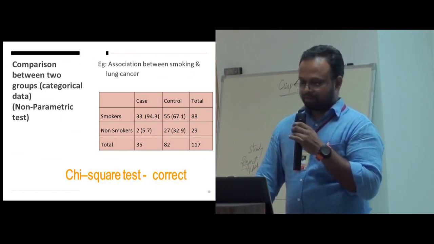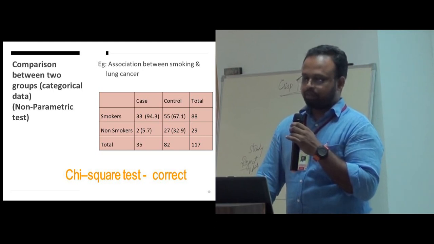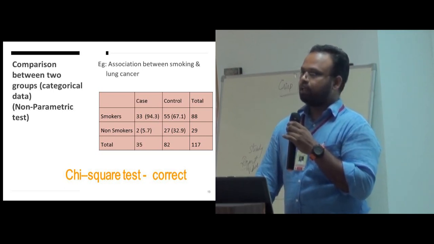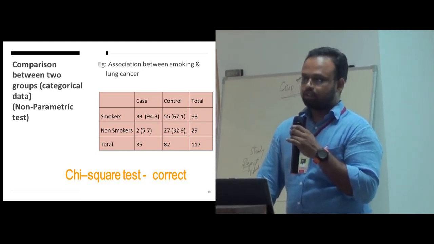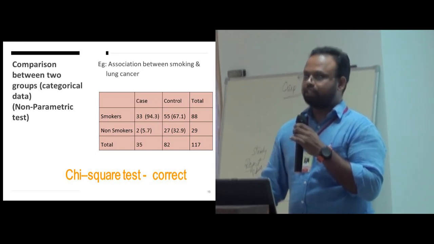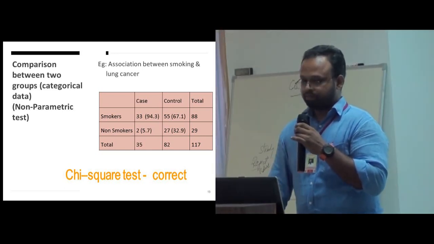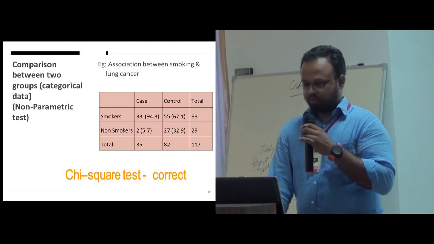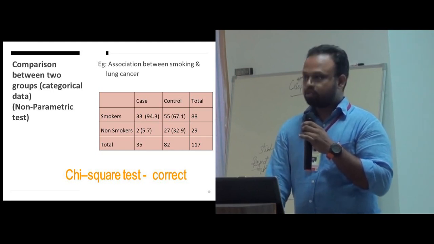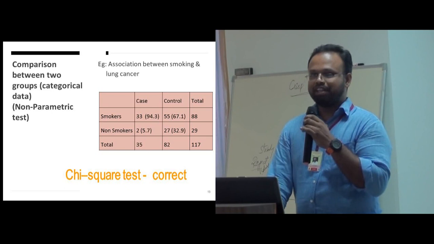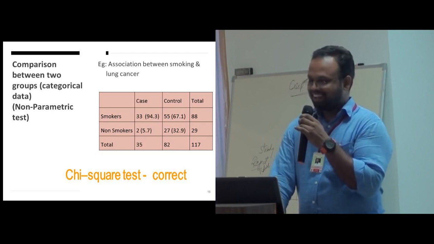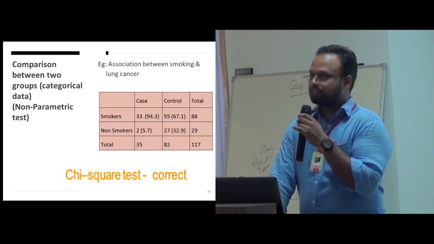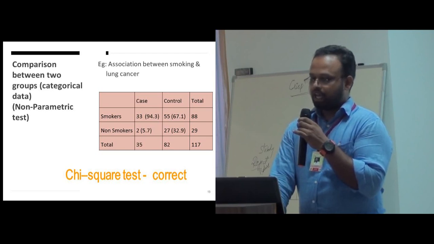So the comparison between two groups, categorical data, non-parametric data. Here is one example between smoking and lung cancer.